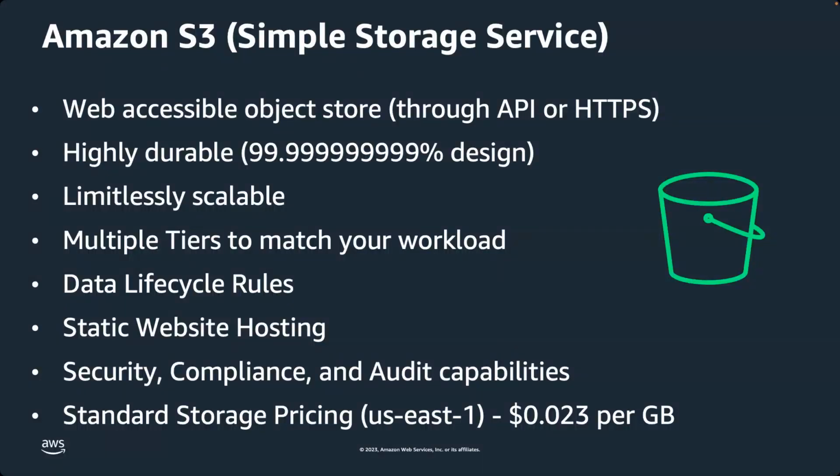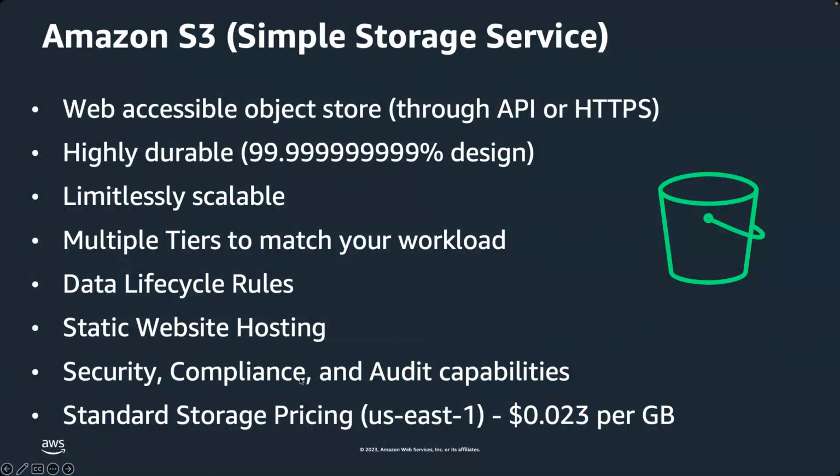And then again, like we were saying, in terms of durability, as you can see, 11 nines, which is pretty high, and again, pretty important because that's what we're focusing more on when we're talking about storage. You can use it for static website hosting as well. We're going to see something similar to this in the demo.